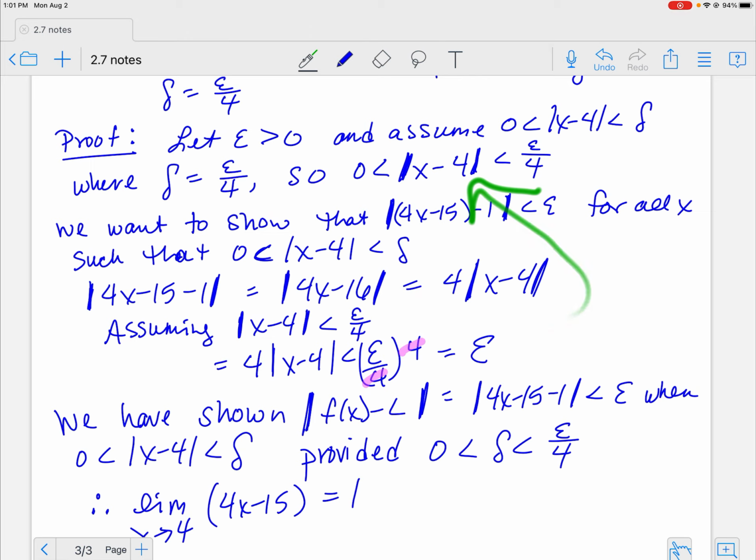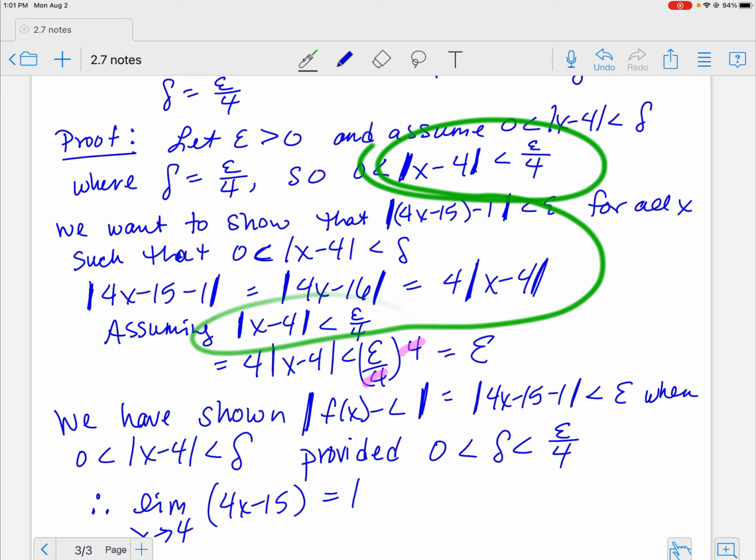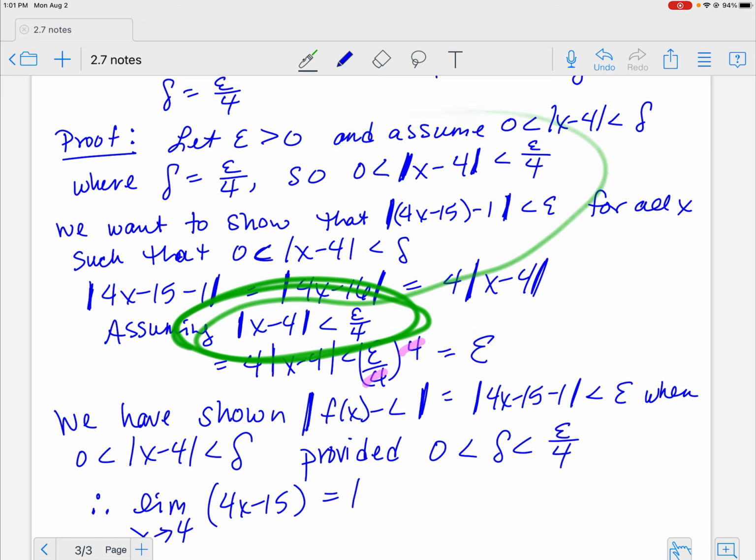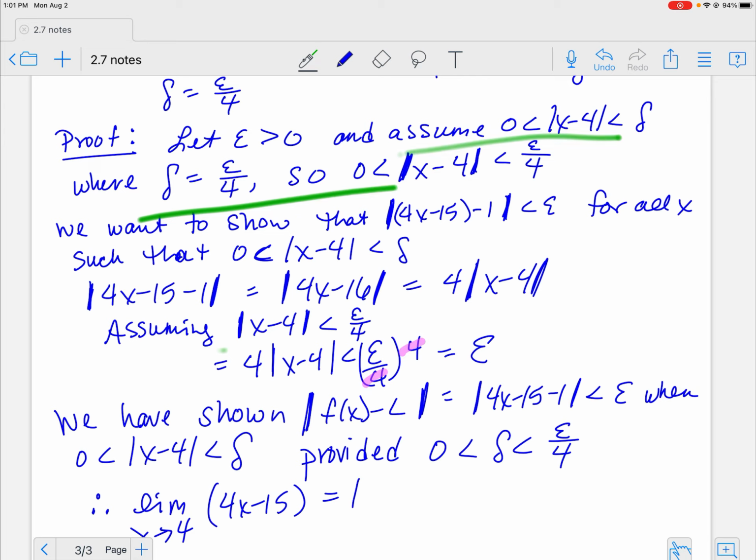So I work all of this out and I'm saying, okay, we have this assumption based on what we've been given. We have assumed this is happening, so this is happening, right? When in proofs you have this assumption, then you say, okay, if I know that I can take this x minus 4 and multiply 4 by both sides, multiply this side by a 4 and multiply this side by a 4, those cancel and I'm just left with epsilon, right?